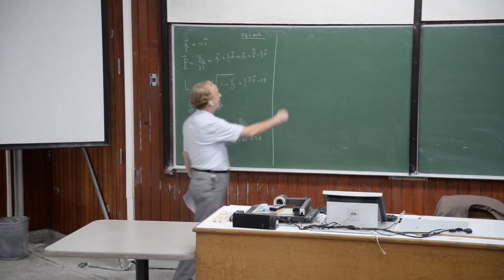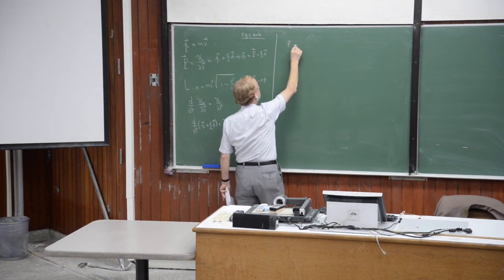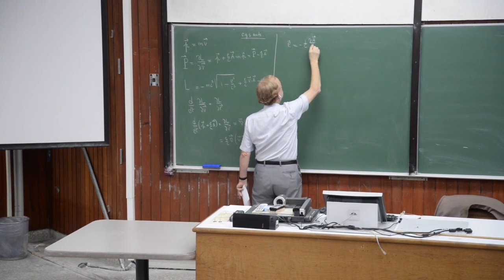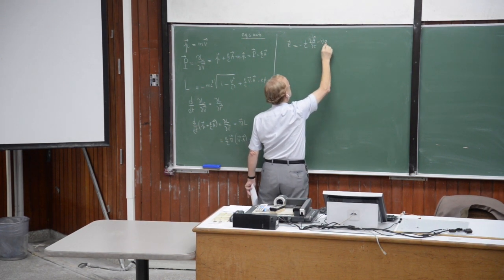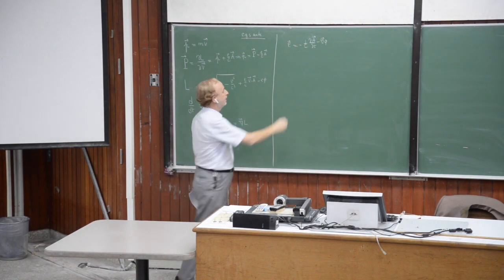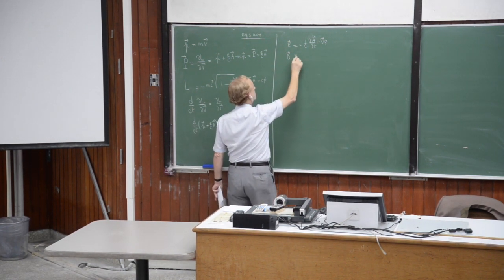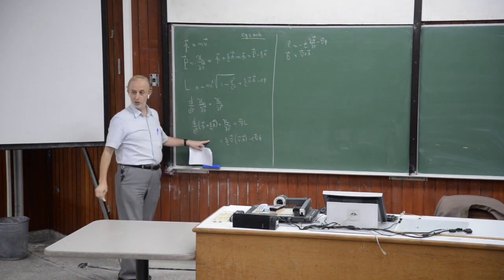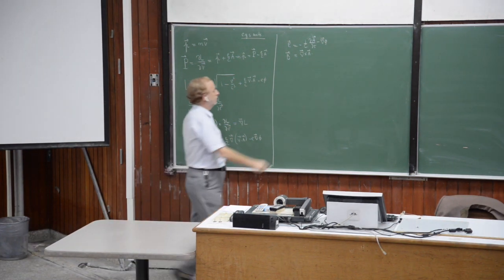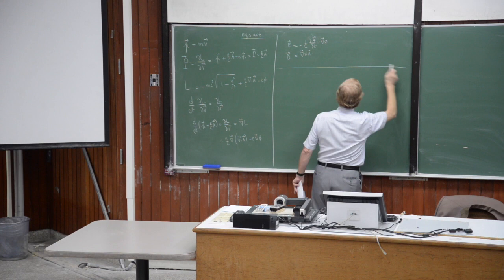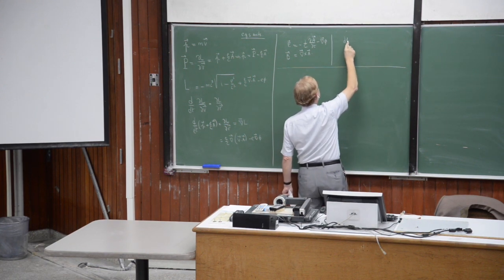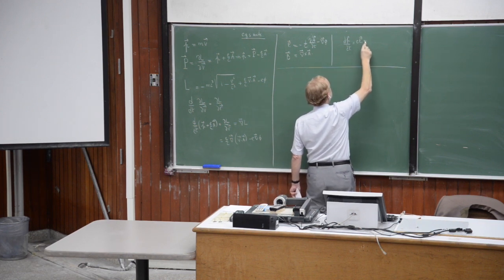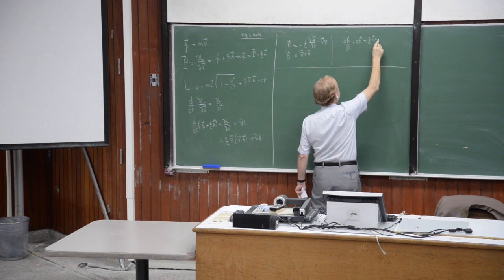Remember, the magnetic field we defined to be B, the curl of A. So let's see how this thing transforms into the Lorentz force law. Remember the Lorentz force law says dp/dt is eE plus e over c v cross B.